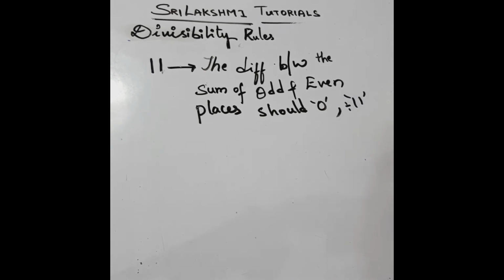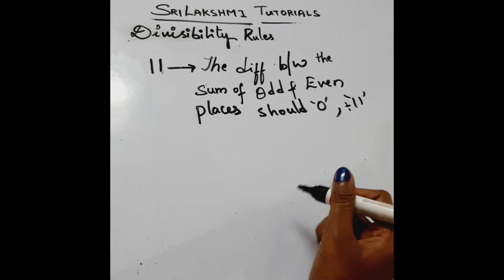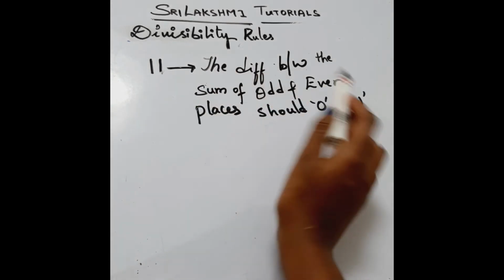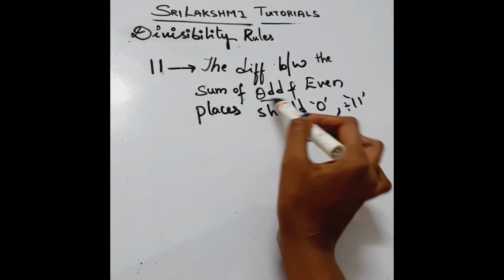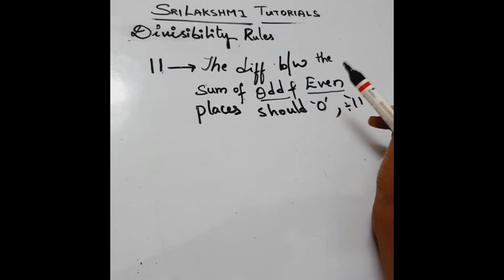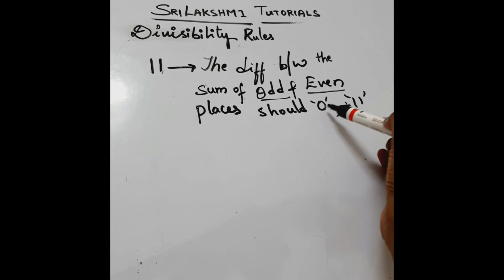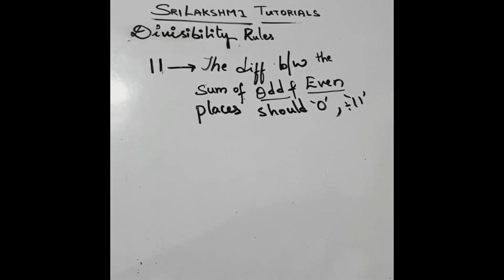I'll repeat again. The difference between the sum of odd and even places should be 0 or divisible by 11.